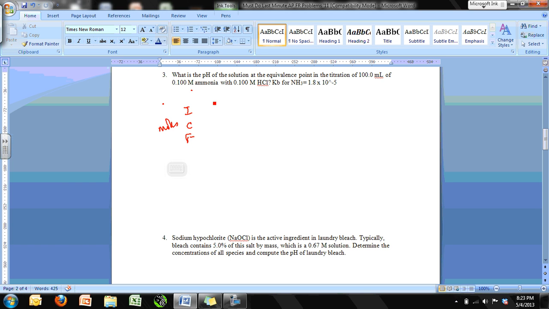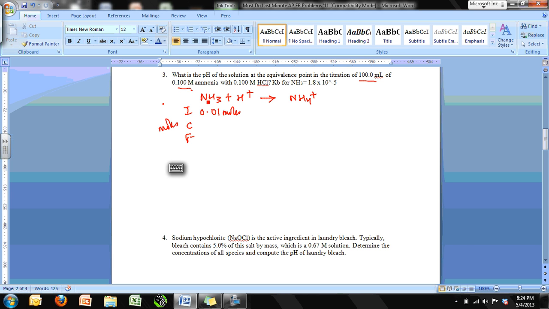Remember, I write it again and again so that you remember that. And ammonia and HCl, then Cl minus is a spectator ion. We don't need to write that. It goes one way and it neutralizes to form ammonium. How many moles of ammonia do we have? We have 0.1 molarity times 100 mL, or 0.01 moles.